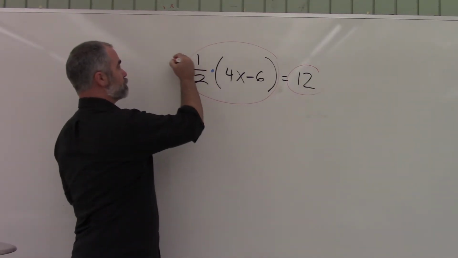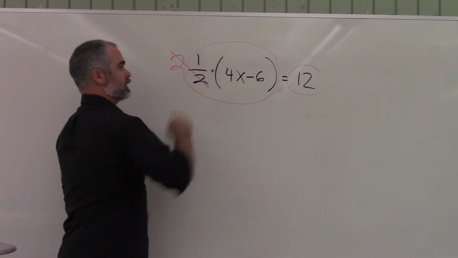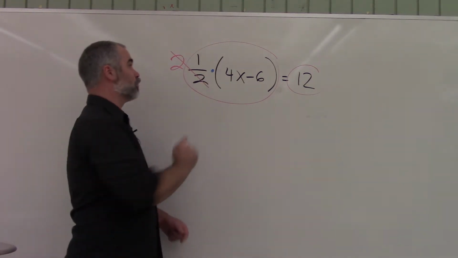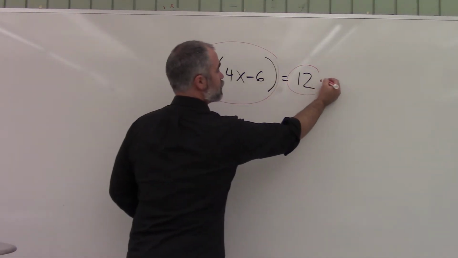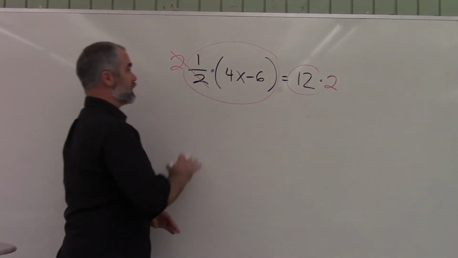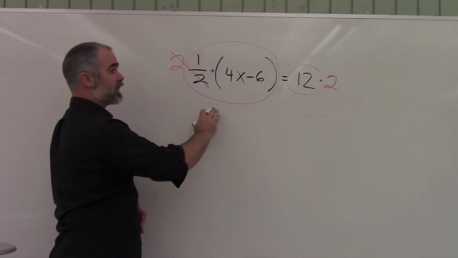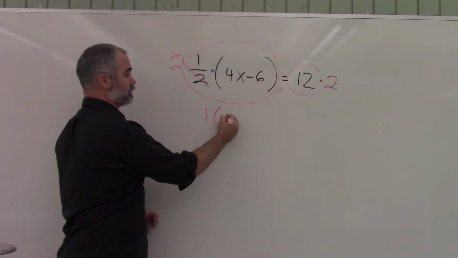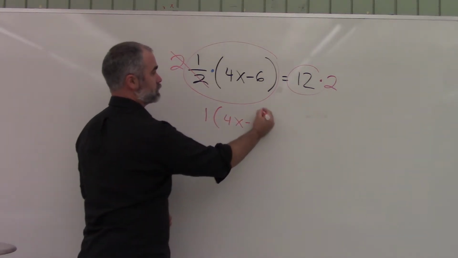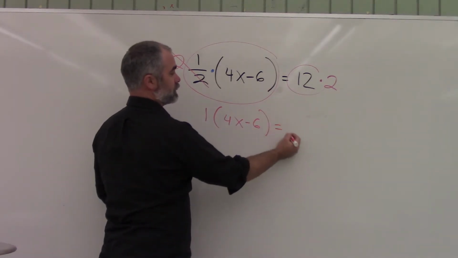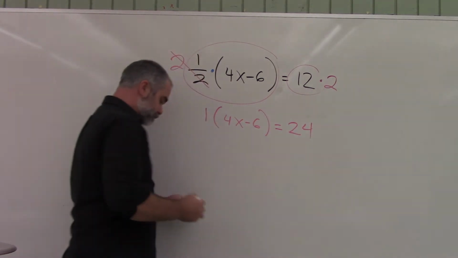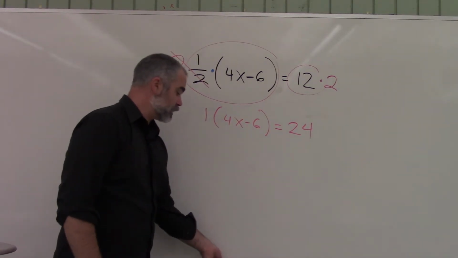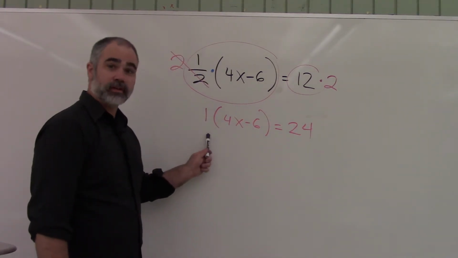Instead of dividing by 2, I'm going to multiply by 2, which cancels that out. Remember, it makes a 1. And over here, I'm going to multiply by 2. Now look what happens. This whole thing cancels out, which leaves me with a 1 out here. 12 times 2 is 24. This is looking a little bit different here, but notice, no more fraction.